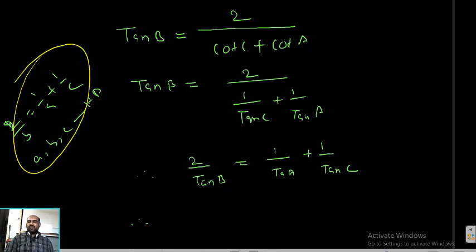Just like 2 by tan B equal to 1 by tan A plus 1 by tan C means, therefore tan A, tan B, tan C are in harmonic progression.